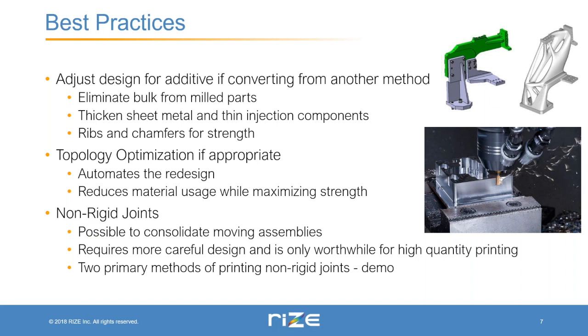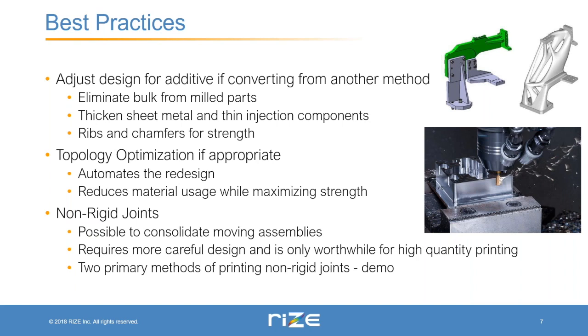So this is an assembly that had 3 manufactured pieces with something like 10 fasteners to hold those parts together. And by using topology optimization or even another method to combine those, you can reduce it to a single part that will just need fasteners to attach it to whatever other assembly components it needs to.